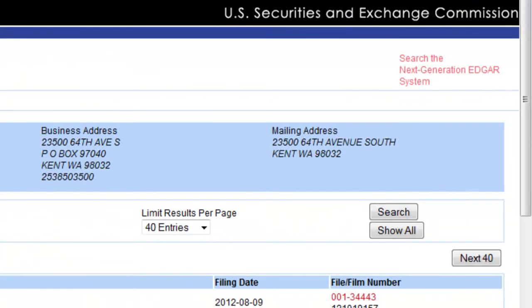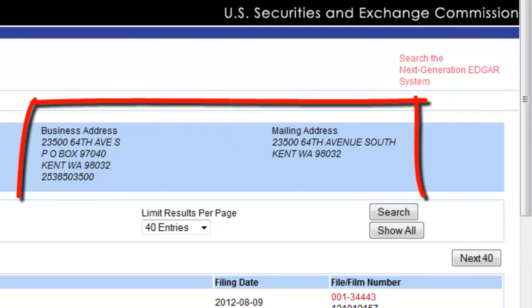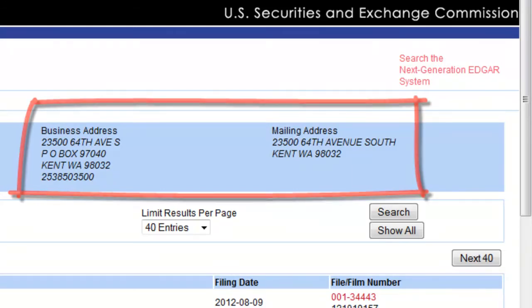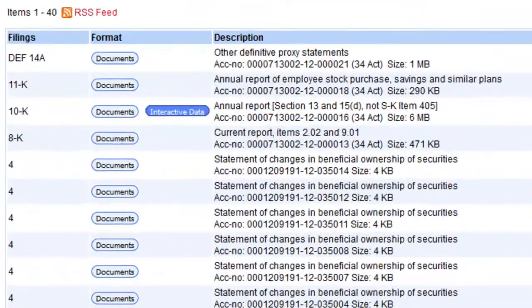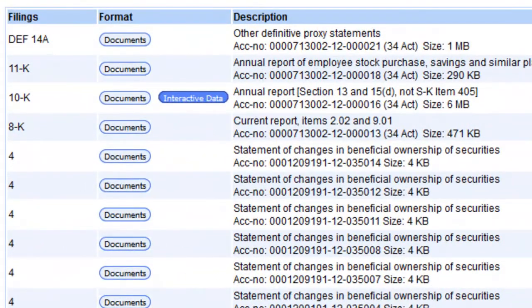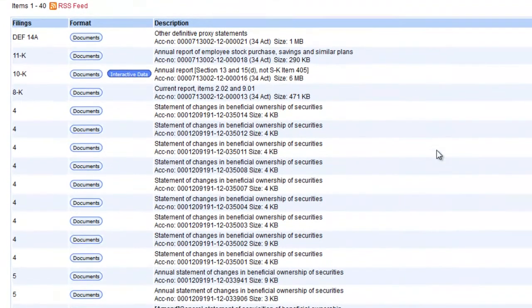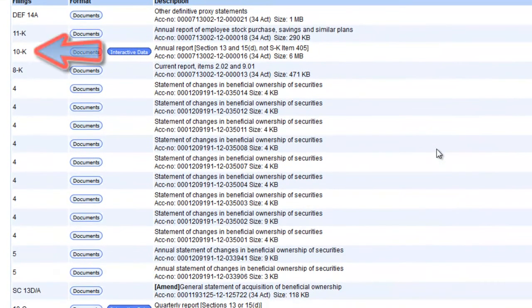On the right, you have the company's business address and the mailing address, and below you have various different forms that the company filed with the SEC. You have the 10K, which is the annual report as it says in the description. You have the 8K, which is called the current report.